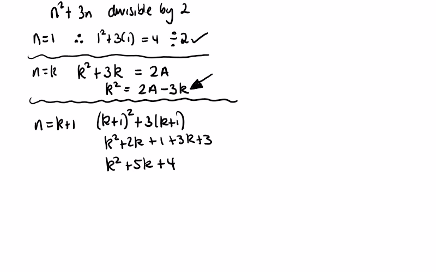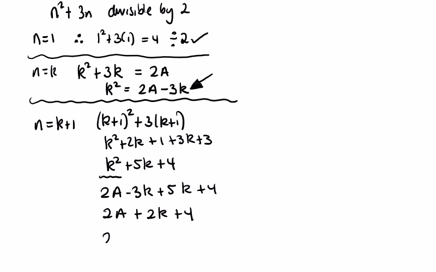So we have our assumption now. We have k squared, and we're going to replace it with 2a minus 3k, and we still have plus 5k plus 4. So we're going to get 2a plus 2k plus 4.